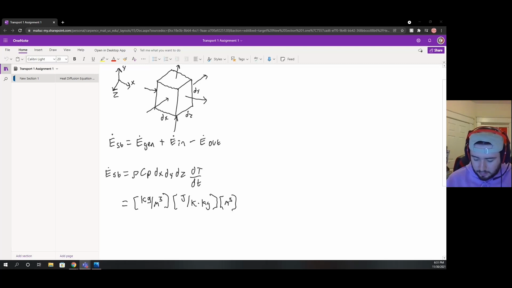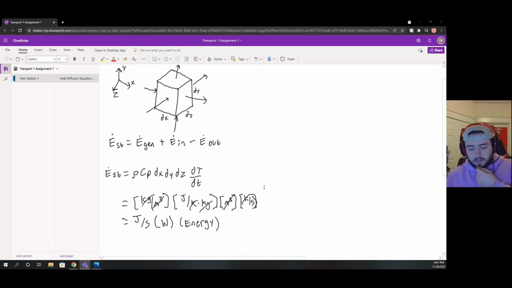And for dT, the change in temperature over change in time, you get kelvins per second. When we cancel all of these units, kilograms cancel, volume cancels, kelvins cancel, and you end up getting joules per second, or watts, which is the unit for energy in this.